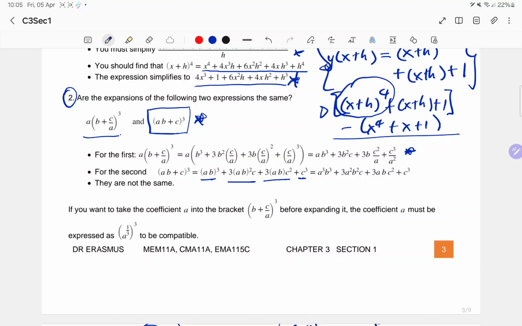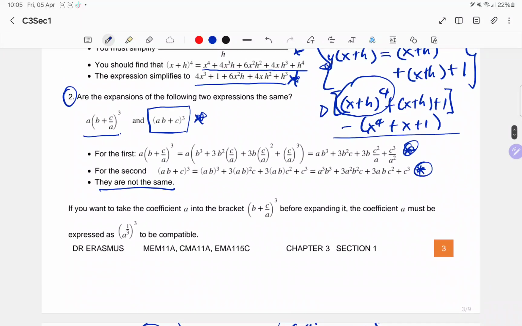Now you fully simplify, you expand this, which will give you a cubed b cubed plus this, and this. Again, this is as far as you can go for this expression. So now compare the two expressions. If you look at these two expressions, they are not the same.